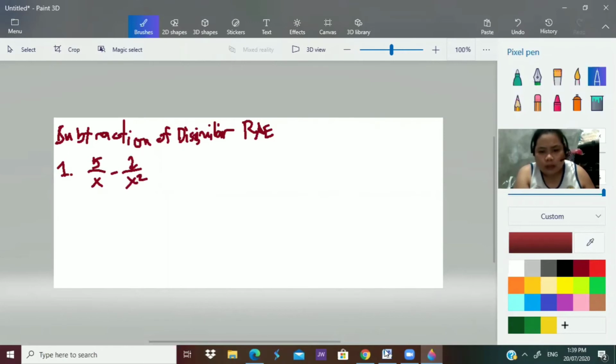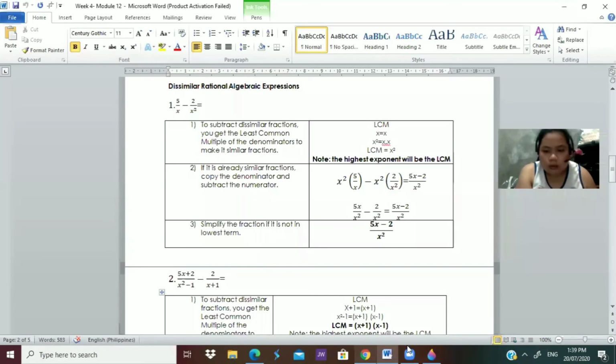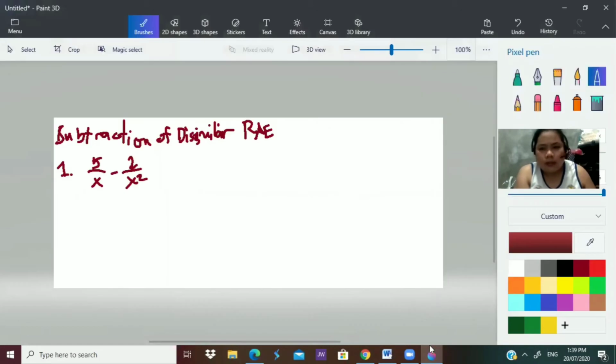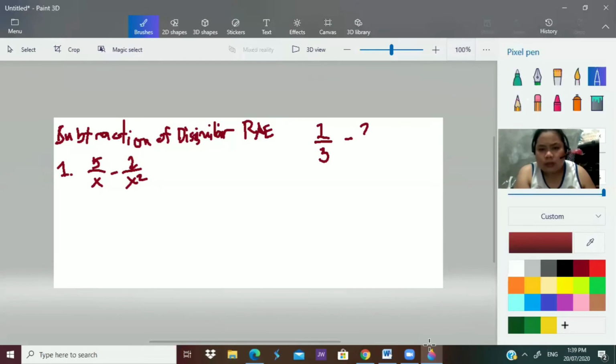Is that the given earlier? Okay. Now, let's put in this context. So you have here 1/3, let's say 1/3 minus 2 over 9. Okay. So ang gagawin nyo po is gagawin nyo siyang similar fractions, kasi dissimilar sila para ma-subtract ninyo.